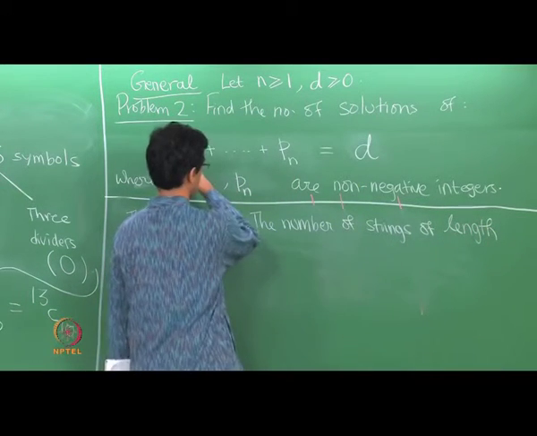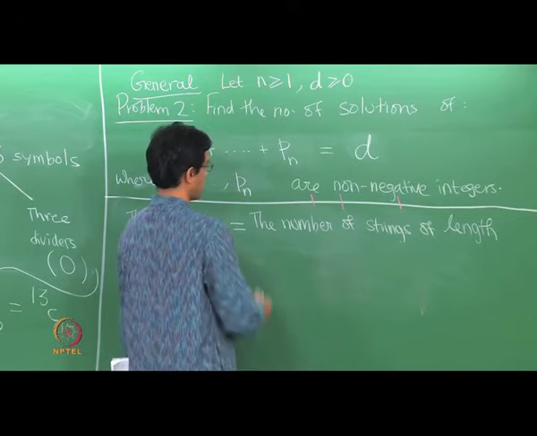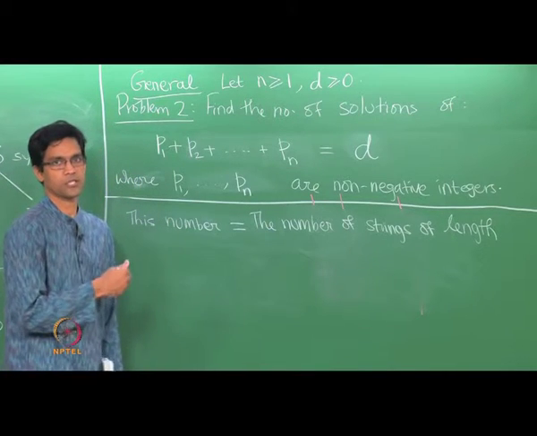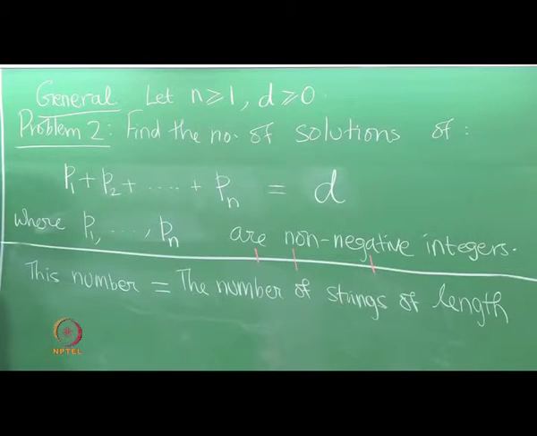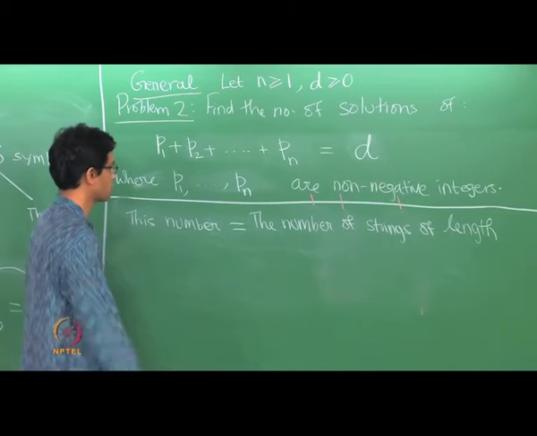So observe again, I need to have d ones, there should be a string of d ones, and the number of dividers should be n minus 1, because it's 1 less than the number of variables that you have, right? If you have n minus 1 dividers, it divides the string of ones into n parts. Those are the n values of the variables.